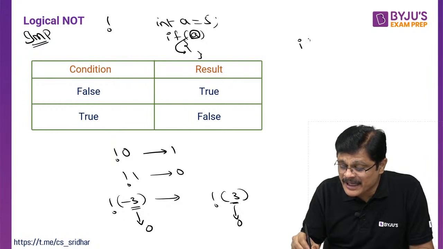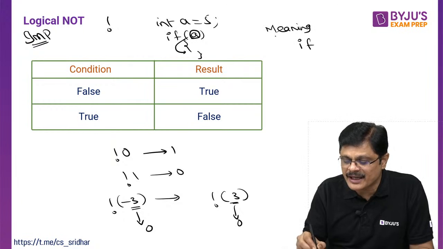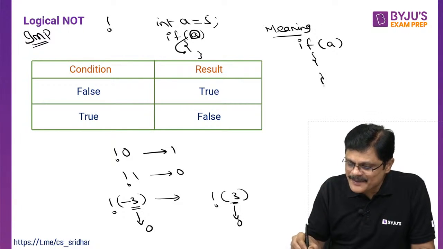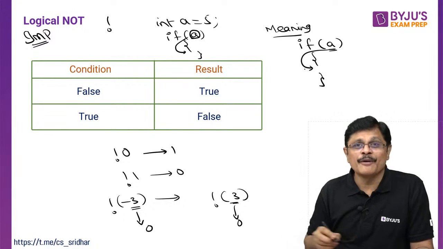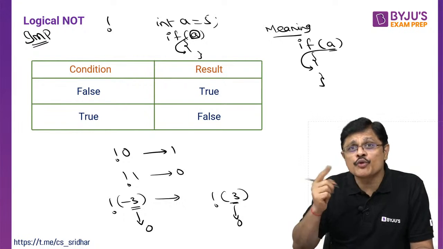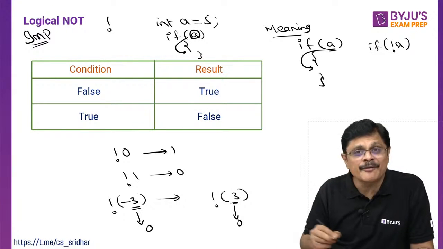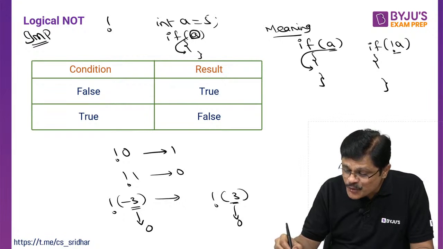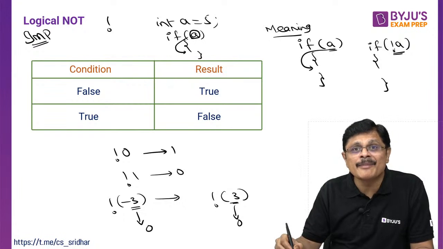Please see this, sir. The meaning of this is very important. And this is where this not is used very extensively. For example, if you write something like this, generally when it is true, we enter the block. When it is true, meaning when it is non-zero, we enter the block. Am I clear? Suppose you want to enter when it is 0, we simply write like this, my dear friend. Because a is 0, not of a will be 1, then you enter.